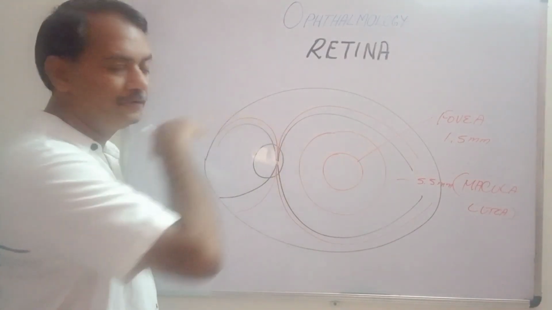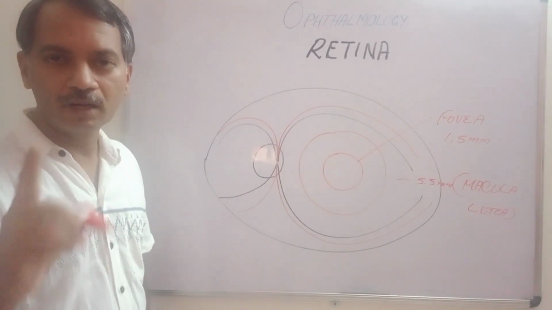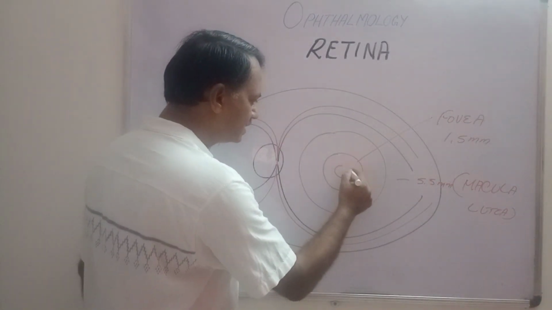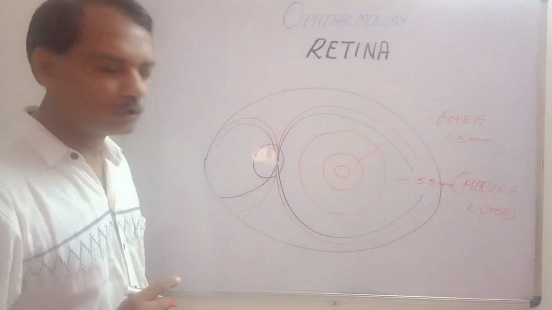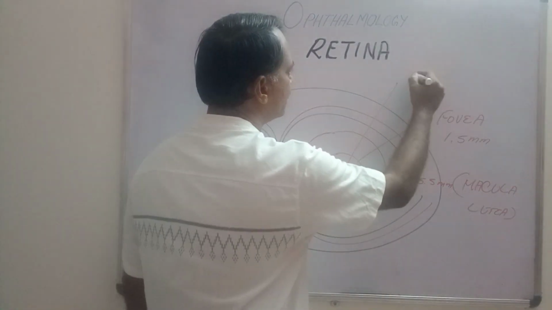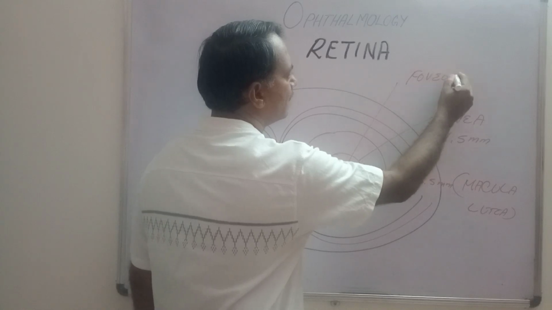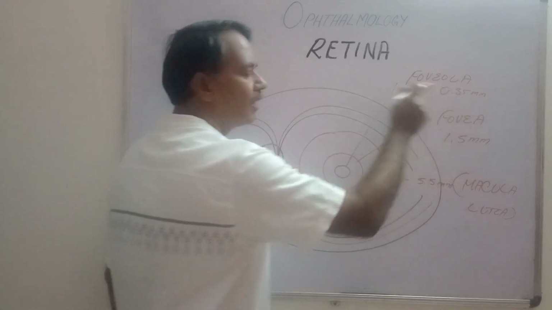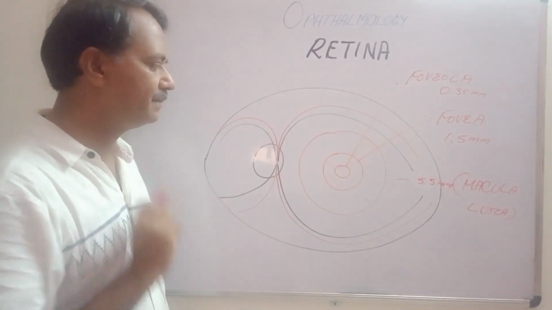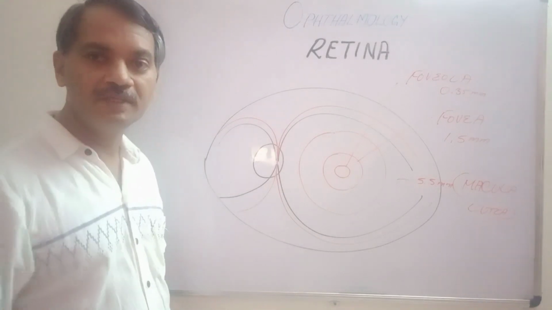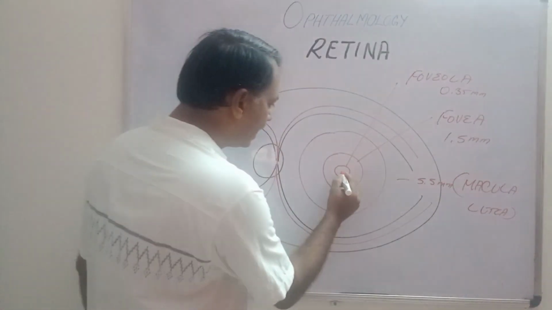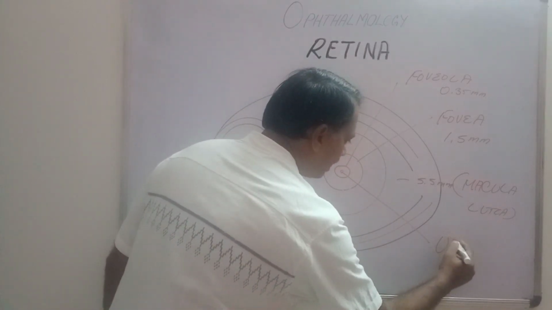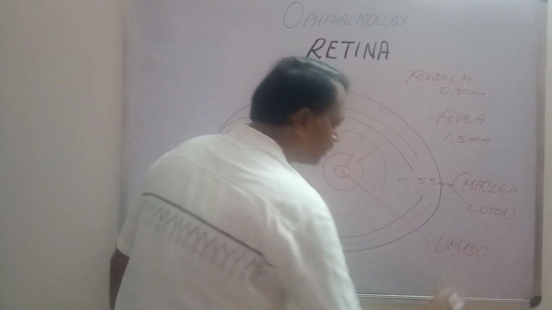In the center of the fovea, for about 0.35 millimeters, you have a portion called the foveola. So this is about 0.35 millimeters in diameter. In the center of the foveola, you have a small depression that is called the umbo.